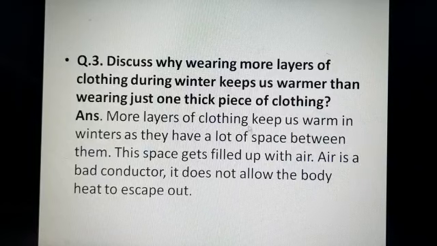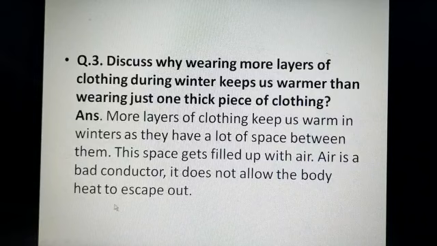Because there is a lot of space between the layers. These spaces get filled up with air, and we read that air is a bad conductor, or an insulator. So it does not allow the body heat to escape out.